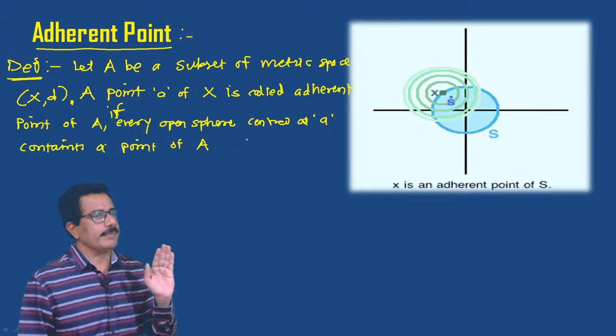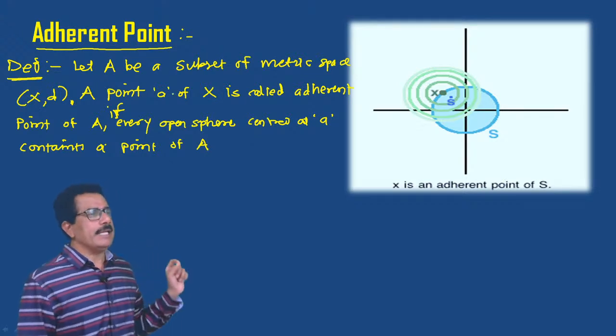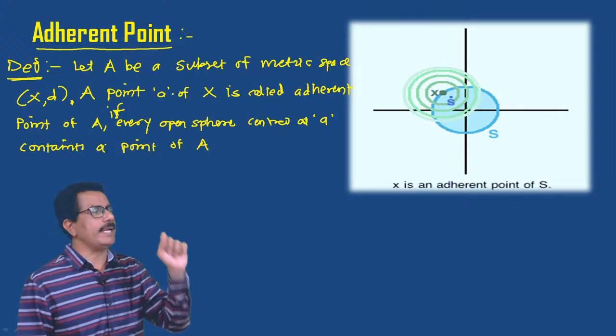This is an important definition you must know. Let capital A be the subset of a metric space X comma D.